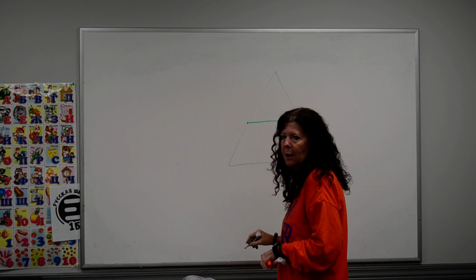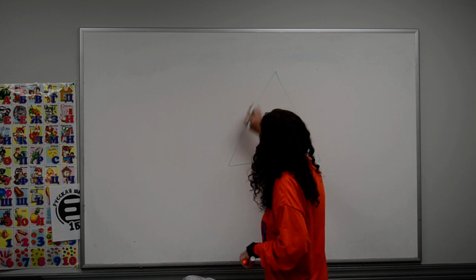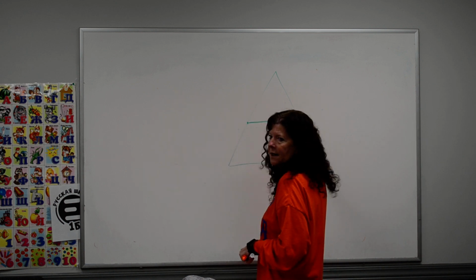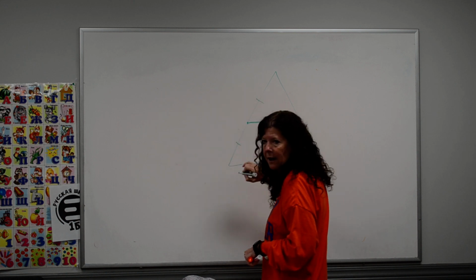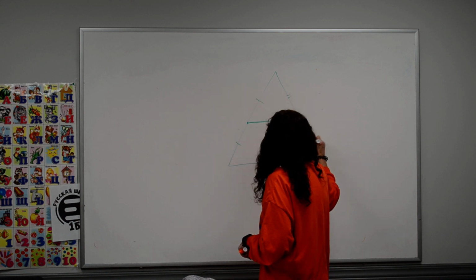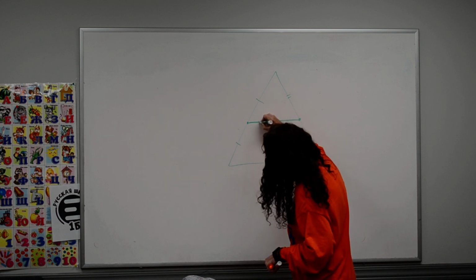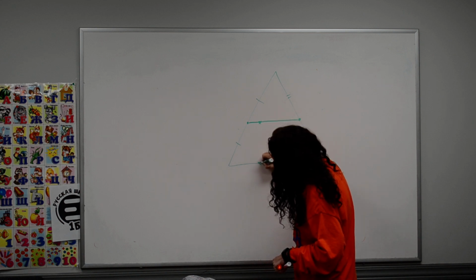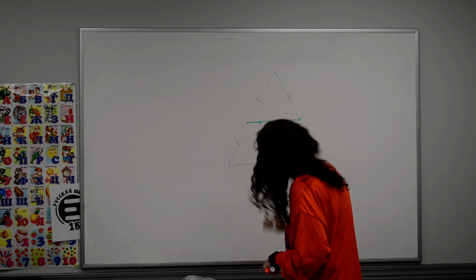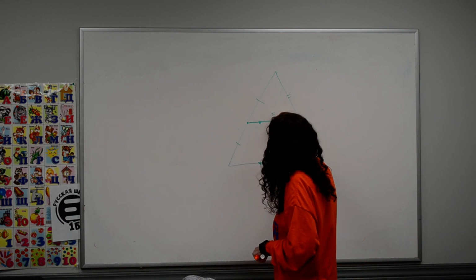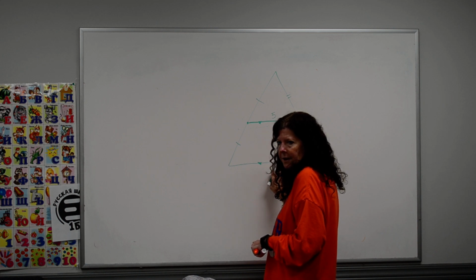It's the midpoint of both of those. Now, that doesn't necessarily mean that this is congruent to that, but it does mean that this would be congruent to that. So that and that are congruent. This and this are congruent. And it says if that is parallel to that, okay, then this measure is half of this measure.